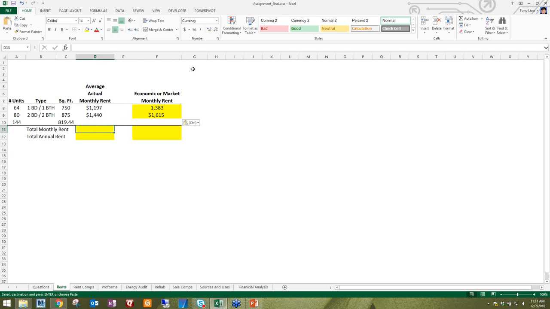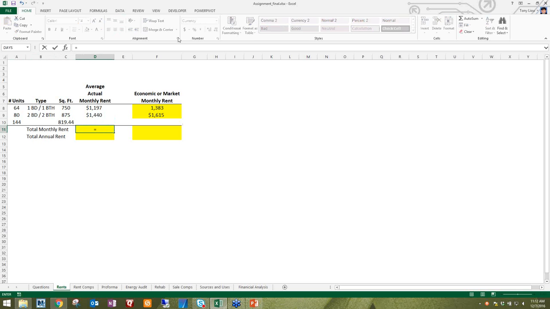The next question is, what is the total monthly rent at this site? To calculate it, we need an equation that multiplies the number of units times the actual monthly rent for the 1-bedroom, 1-baths, then adds that to the number of units of the 2-bedroom, 2-baths times the average monthly rent, and then divides by the total units.